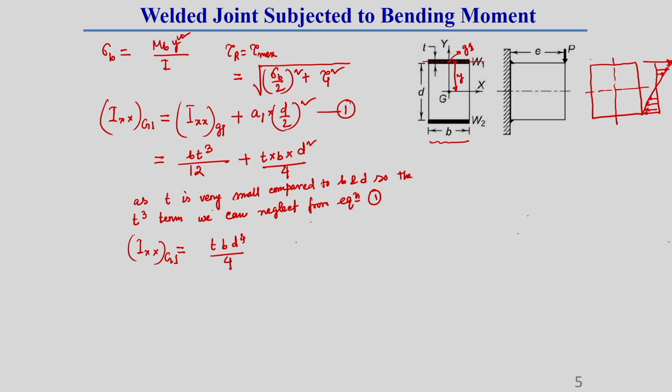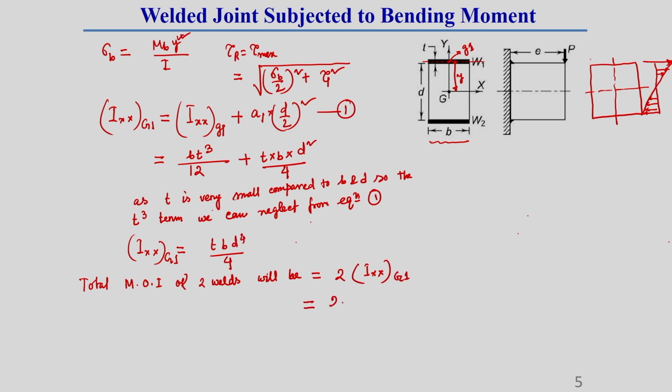As there are two symmetric welds, the total moment of inertia of two welds will be equal to 2 into Ixx G1, because two symmetric welds are there.